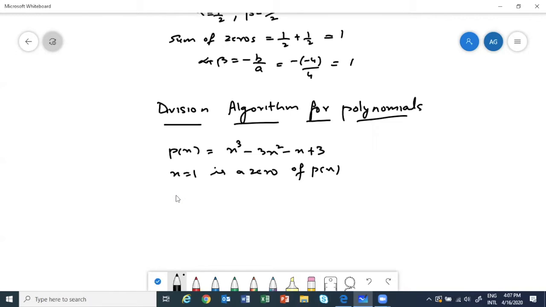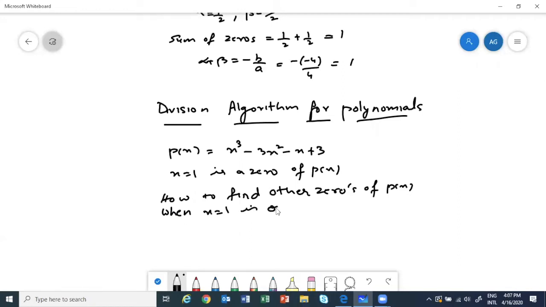So do you remember how we do it? How to find other zeros of p of x when one of them is given? Can you write? Anybody knows that?